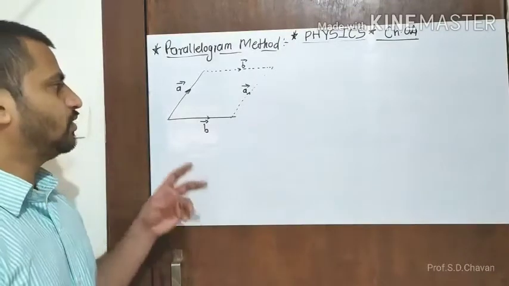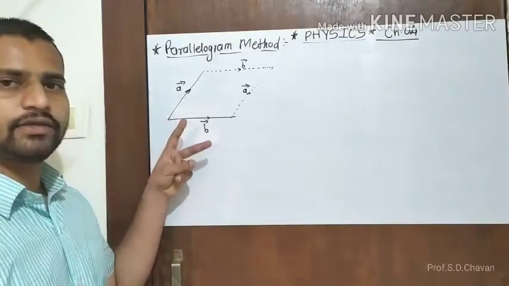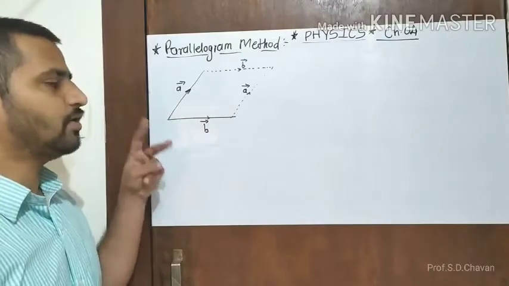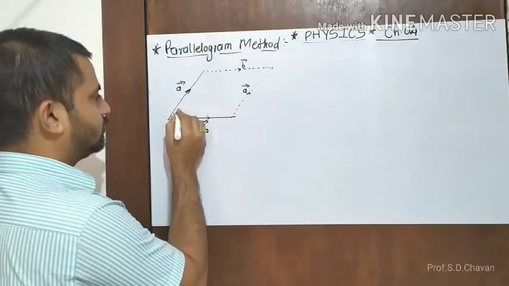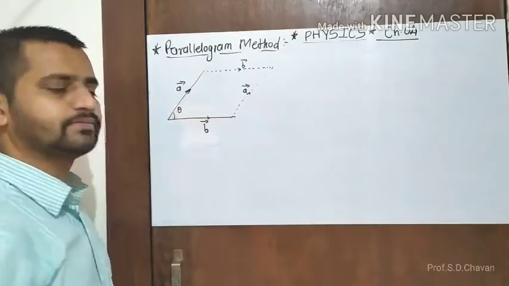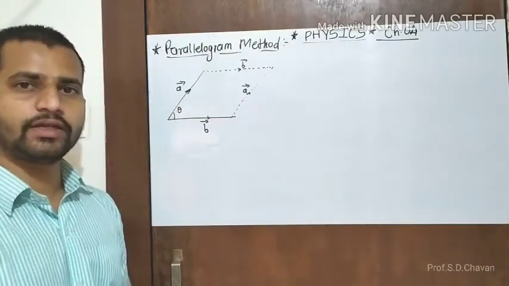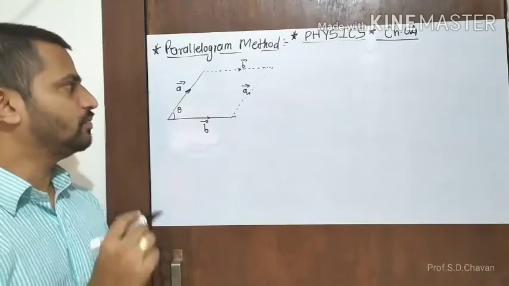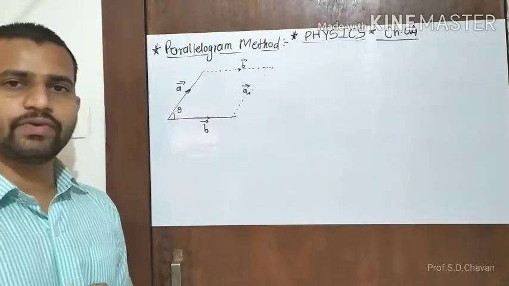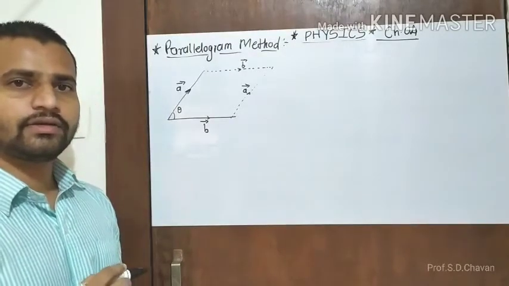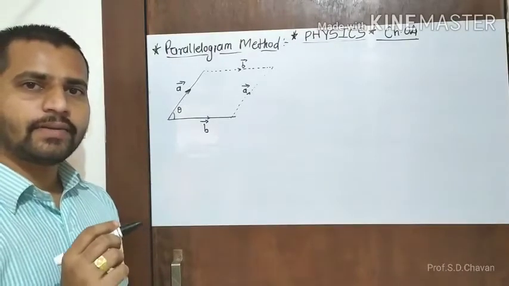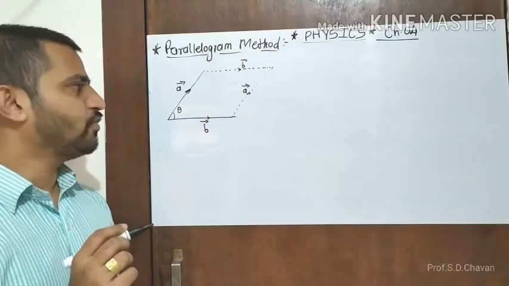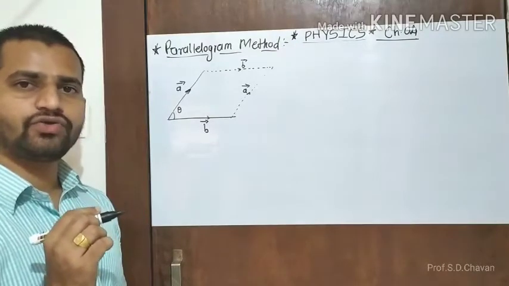So when the two vectors are representing the two adjacent sides of a parallelogram and the angle between them is angle theta, then the resultant of these two vectors is given as the diagonal passing through the meeting point of the tails of the two vectors.